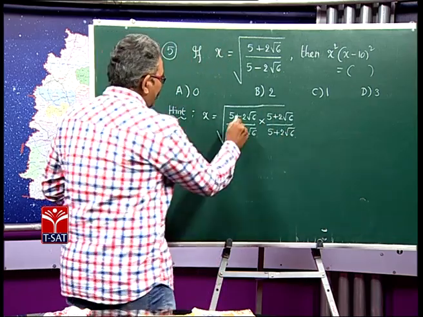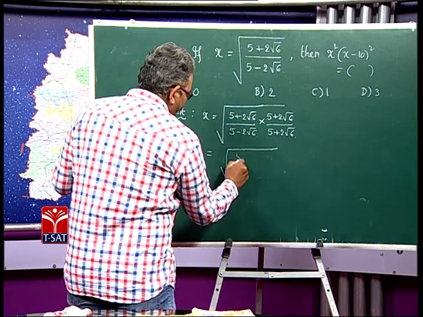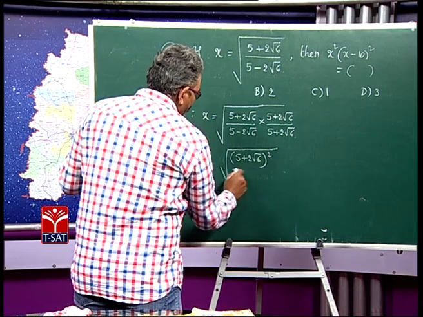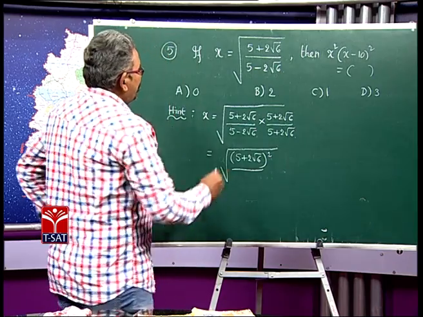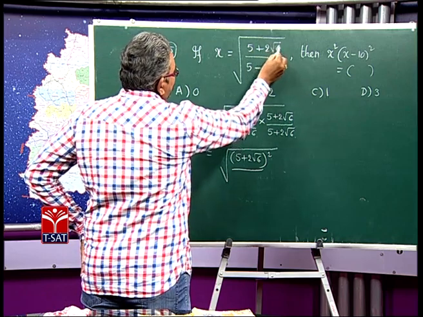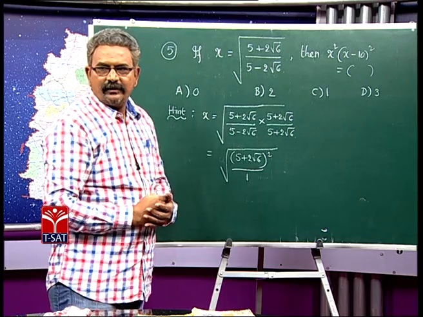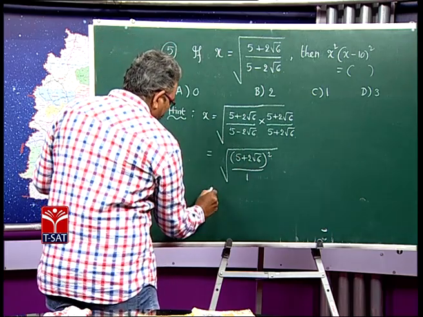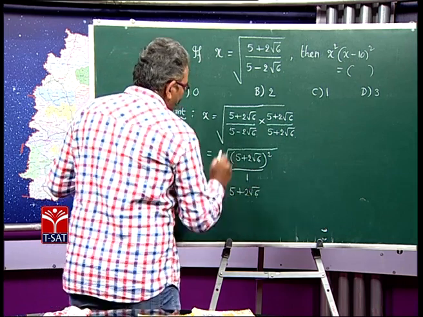Now, 5 plus 2 root 6 into 5 plus 2 root 6, that is (5 plus 2 root 6) square. I already told you the product of these two is always 1: 5 square is 25, 2 root 6 square is 4 into 6, 24, and 25 minus 24 is 1. What is the square root of (5 plus 2 root 6) square? That is 5 plus 2 root 6, the x value.